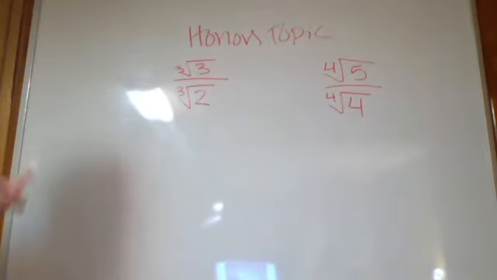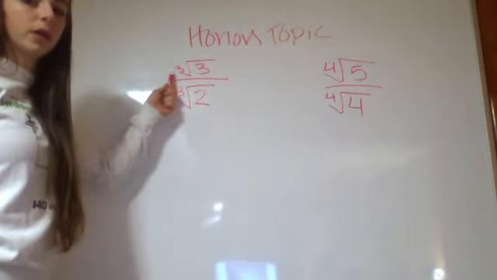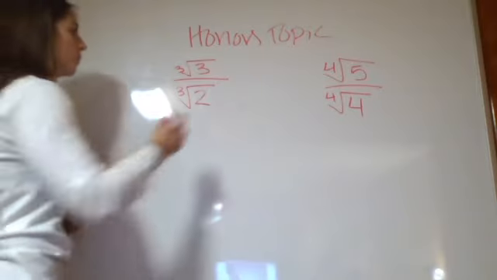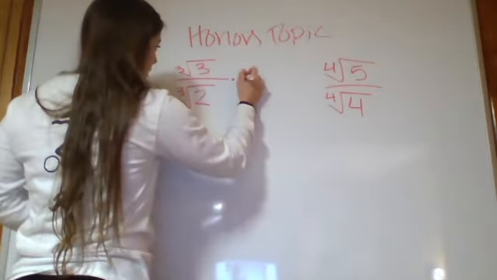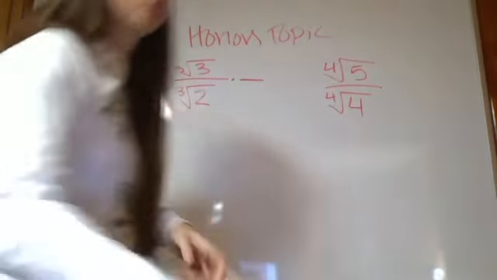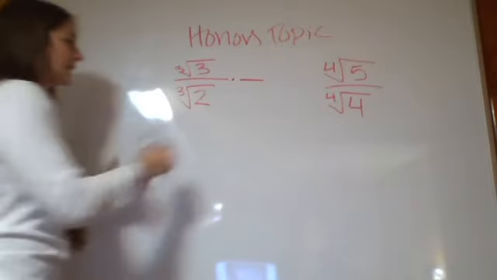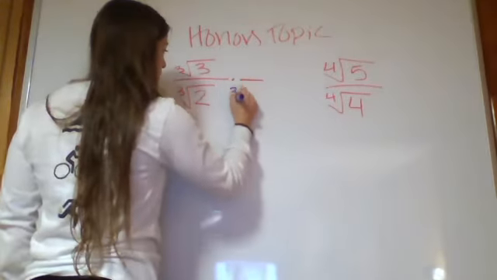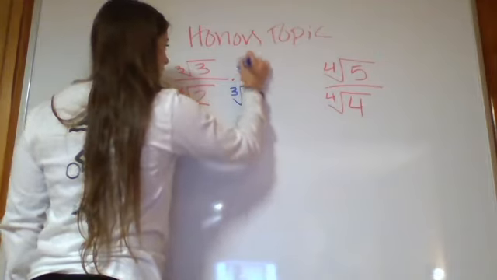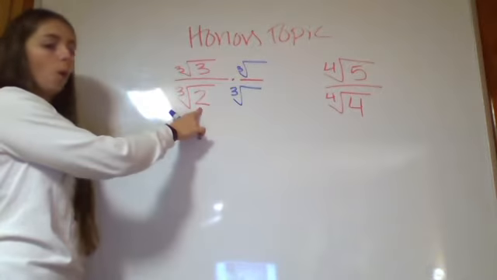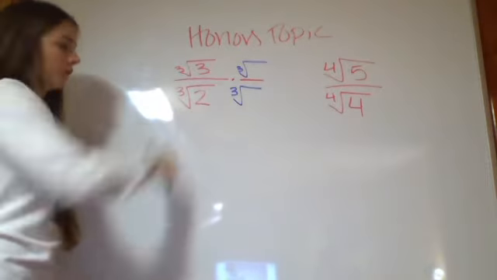So if we want to take the cube root of 3 over the cube root of 2, now when we rationalize the denominator, we have to multiply by a different number. I need to have some number that's going to get a whole number cube root in my denominator.